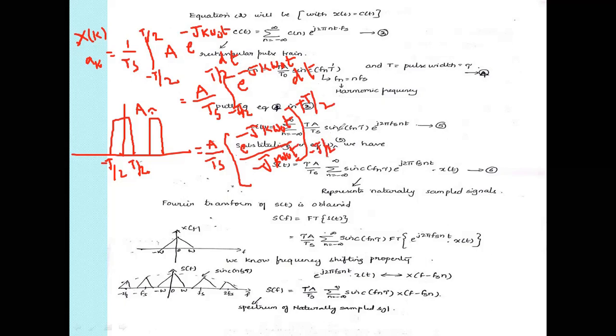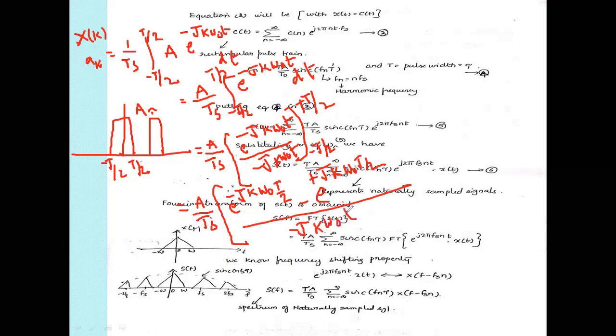Substitute the limits here: A by T, whole multiplied with e power minus j k omega naught tau by 2 minus e power plus j k omega naught tau by 2, whole divided by minus j k omega naught.